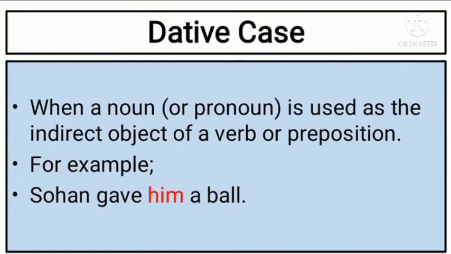So in this sentence, we gave our dog a bone, our dog is the indirect object. Here he is talking not about a person but about a dog. So in that case, the noun used, our dog, is in dative case. So when a noun is used as an indirect object of a verb, it is said to be in dative case.